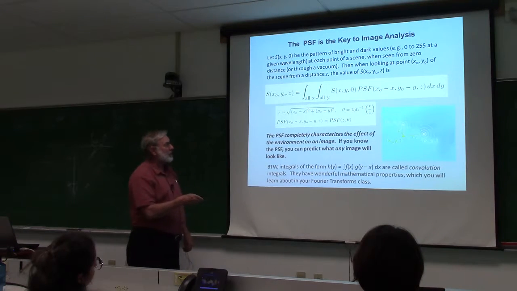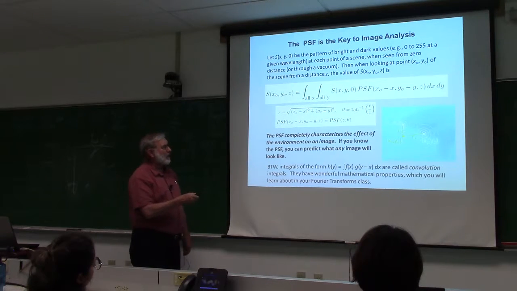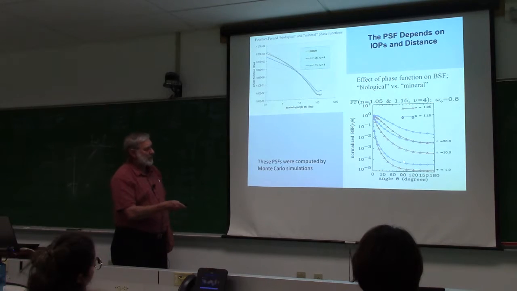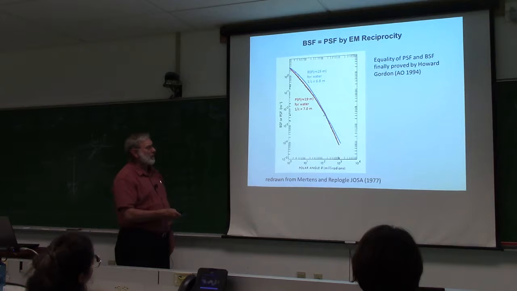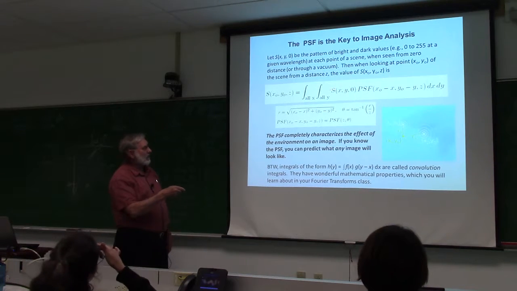And I can convert distances x, y into angles r and theta, because usually you present point spread functions as a function of angle, not of distance. Okay, so anyway, I can do that, and I sum that whole thing up there.